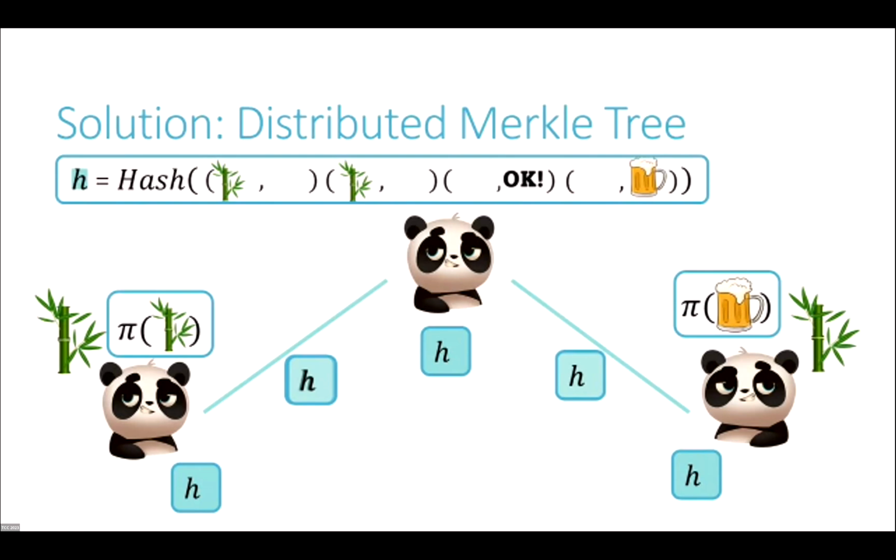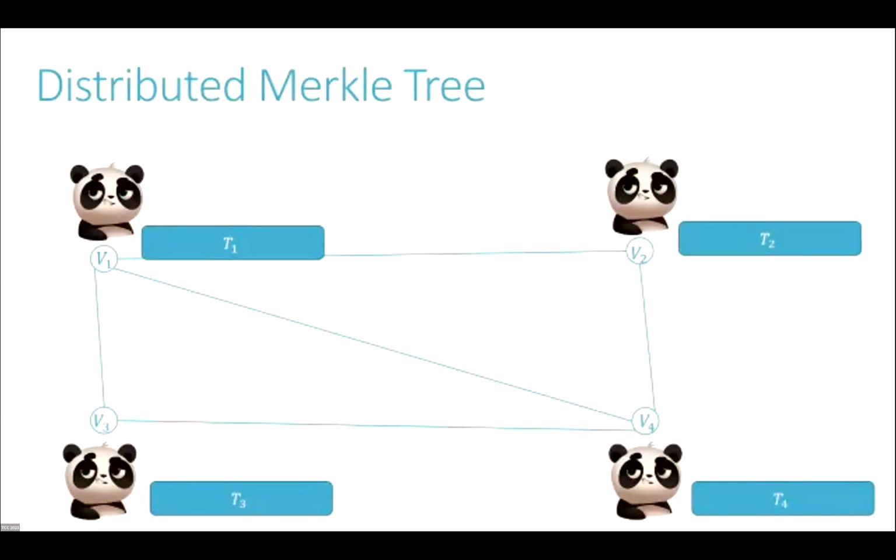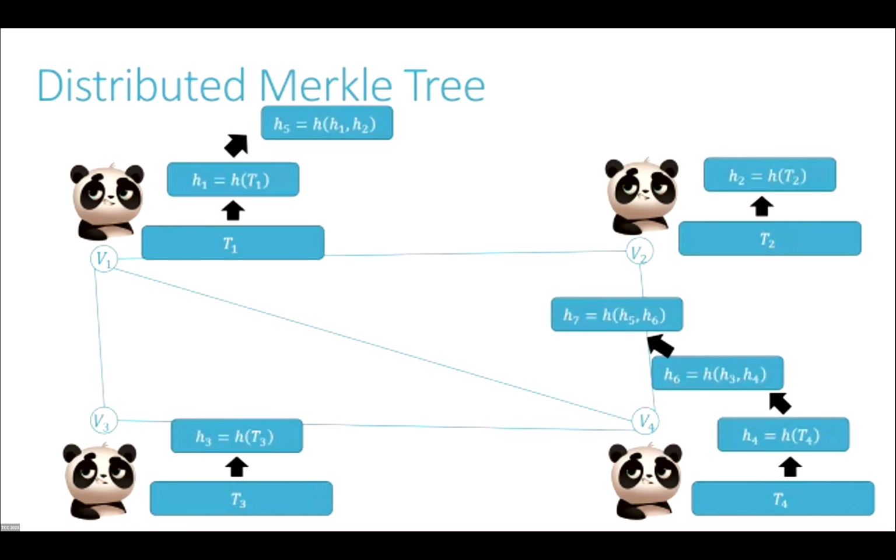Now, how do we get this hash in each node? That is our distributed Merkle tree. Now we go to a different network just to show what this Merkle tree is. It's a Merkle tree of content that lies in the nodes. Each node has some fraction of a Merkle tree and an opening path to that fraction.